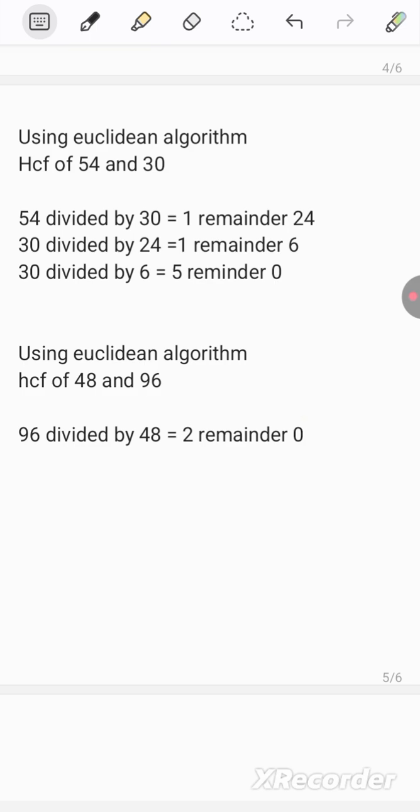I said if you were to use the Euclidean algorithm method or the division method, the big number is divided by the smaller number, and then the smaller number will be divided by every remainder after it until there is no remainder. And the last divisor, which gives a remainder of 0, will be the HCF.